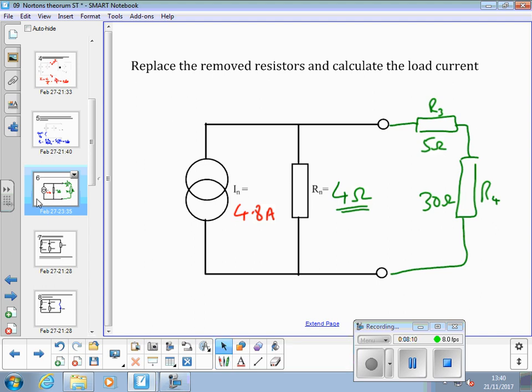And we can use any method we want to find the current ultimately flowing with the original question. Current flowing and the power dissipated in a 30 ohm resistor. So we want to know what this current is, IL. How would you do that?